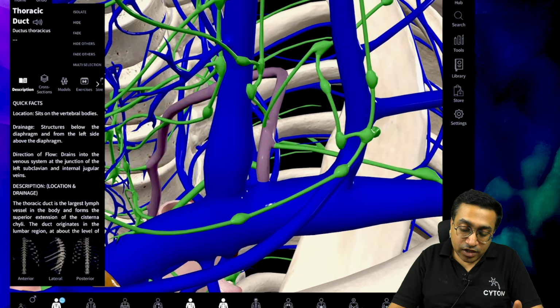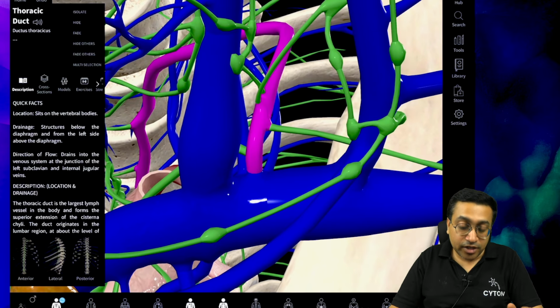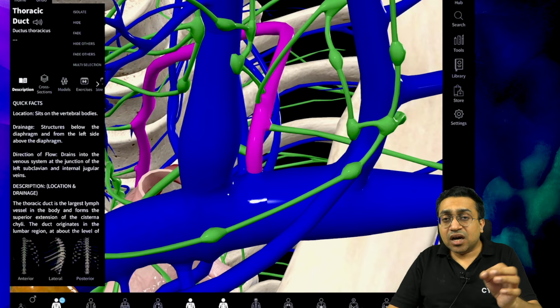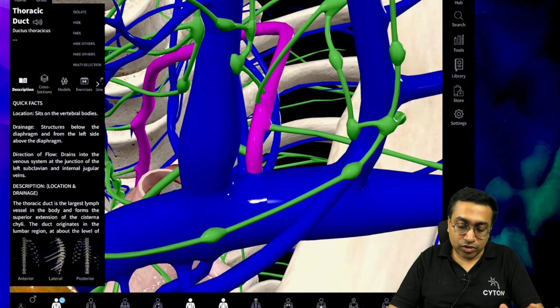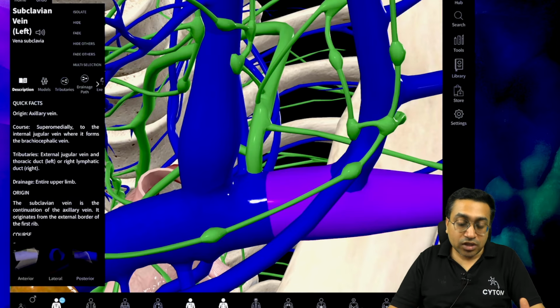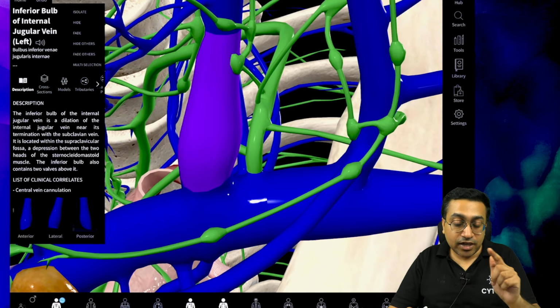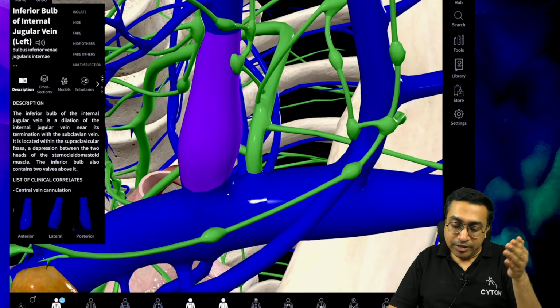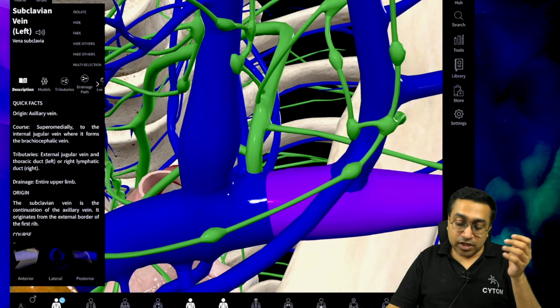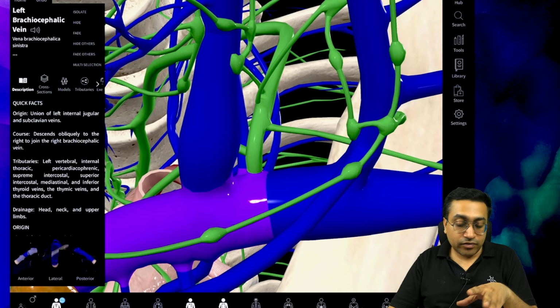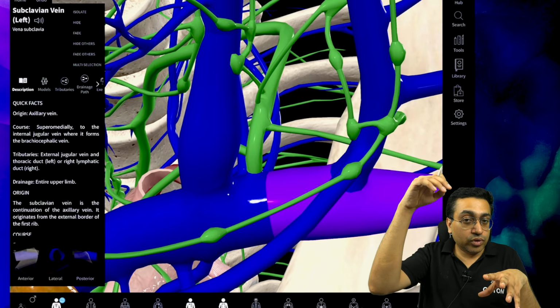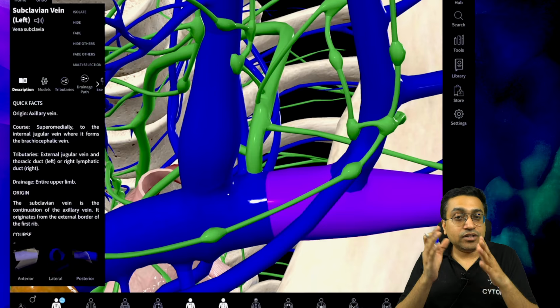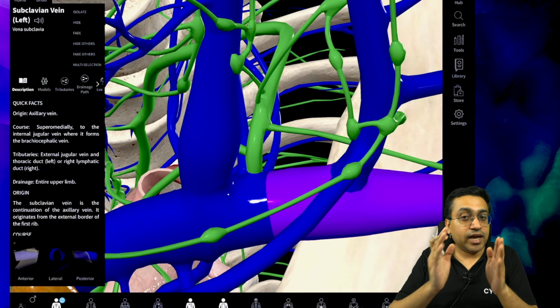Now if you see carefully, these the main lymphatic channels, they are also draining into the venous system only, but where exactly? Into the jugulo-subclavian angle. So this is the jugular vein, this subclavian vein, so they are both draining into this brachiocephalic vein. So it is entering into this venous system at the jugulo-subclavian angle.